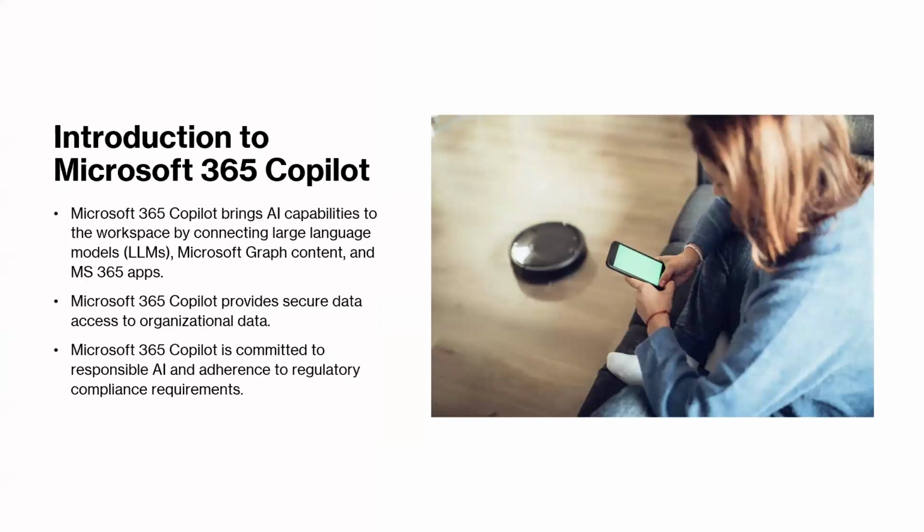Introducing Microsoft 365 Copilot: simply put, it's an AI-powered productivity tool, and its goal is to help users work more effectively by generating suggestions and automating a few tasks. It does that by connecting your data with large language models, which are the tools that get the job done.